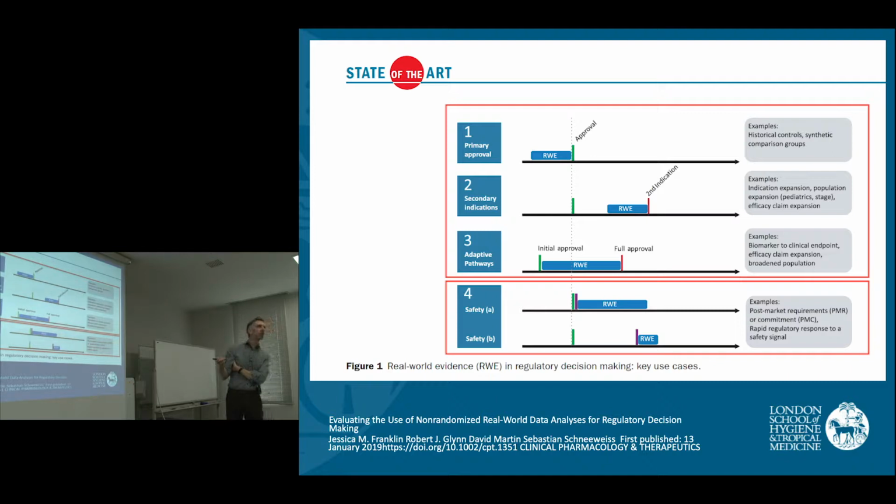And then there are also what we call adaptive pathways. An example of this might be where there's a high unmet medical need, and so a treatment is given a license quite early on, perhaps because it's shown an effect on a biomarker, when what we really care about is a clinical endpoint.